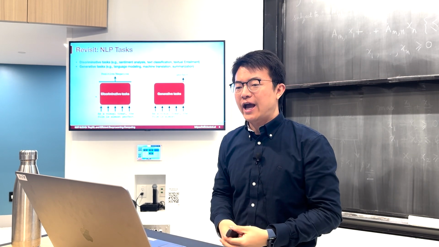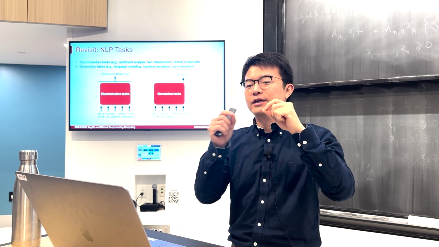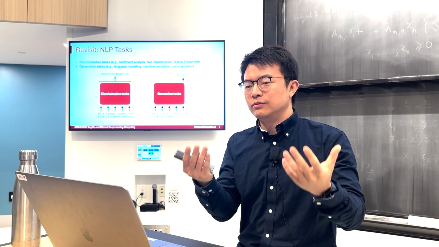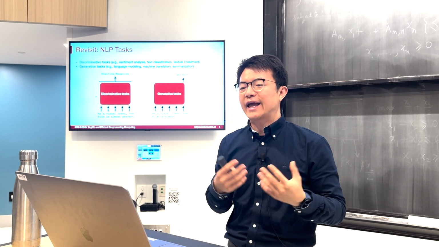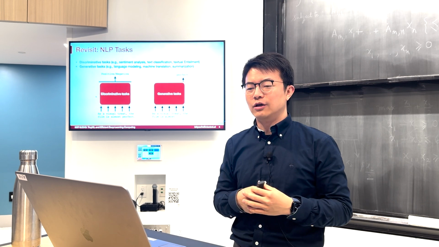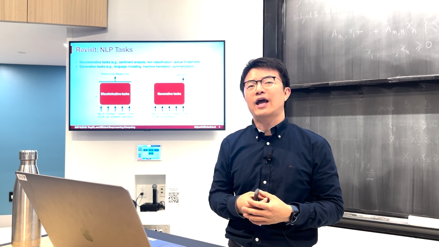For a discriminative task, given a sentence, we want to find some classification result, such as sentiment analysis, text classification, textual entailment, those kinds of summary tasks given a fixed sentence. That is a discriminative task.